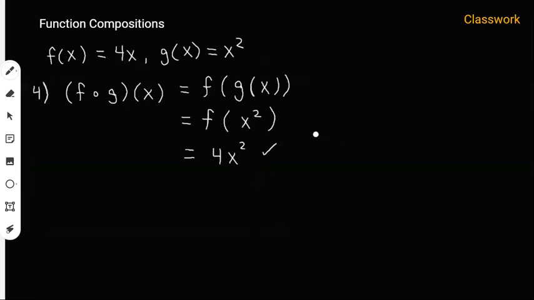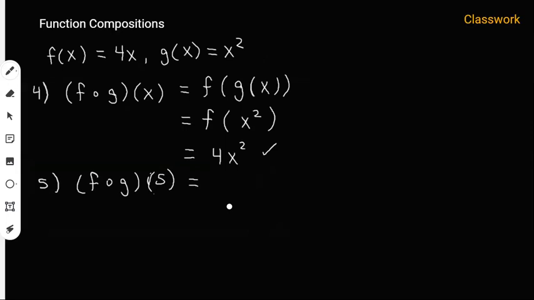Okay, let's do number 5. Number 5 says we're going to use that function that we found in number 4, but we're going to evaluate it at 5. Okay. So now what I'm doing is I'm taking that function that we just found, that 4x squared, right?